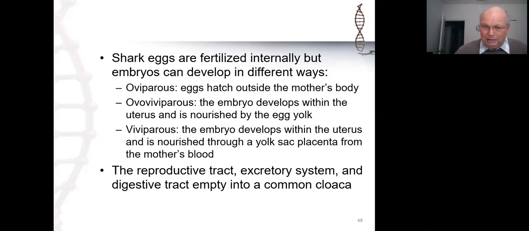It's typically semi-transparent, so if you put a light behind it, you can actually see the little embryonic shark developing inside the egg. So these are known as oviparous because the baby sharks hatch out of this egg structure external from the mother.